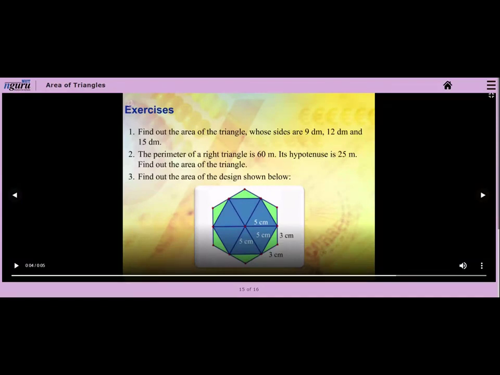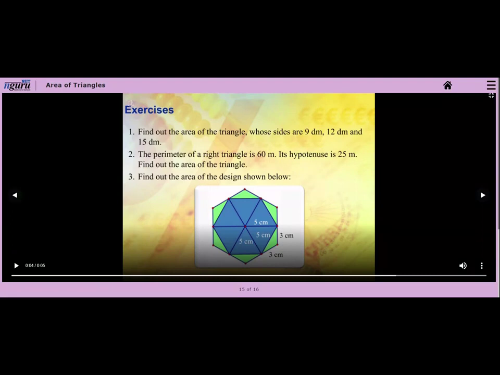First one is find out the area of the triangle whose sides are 9 dm, 12 dm and 15 dm. Dm stands for decimeter. Then the second question is the perimeter of a right triangle is 60 meters, the hypotenuse is 25 meters. Find out the area of the triangle.